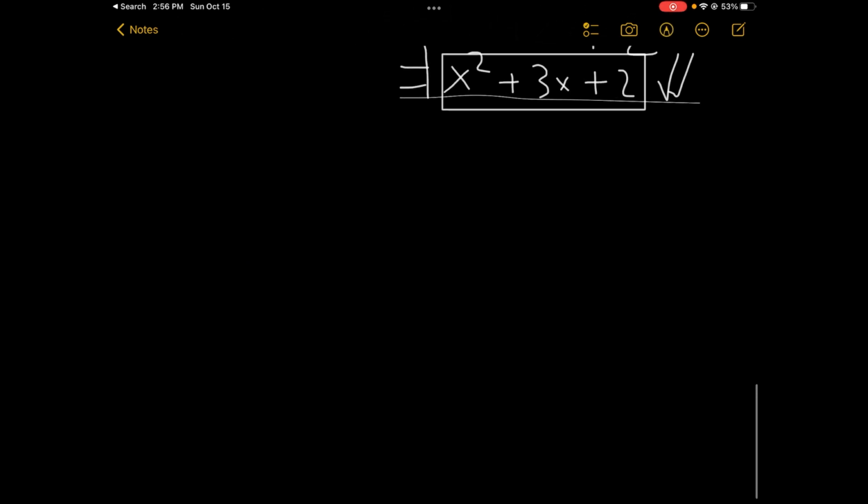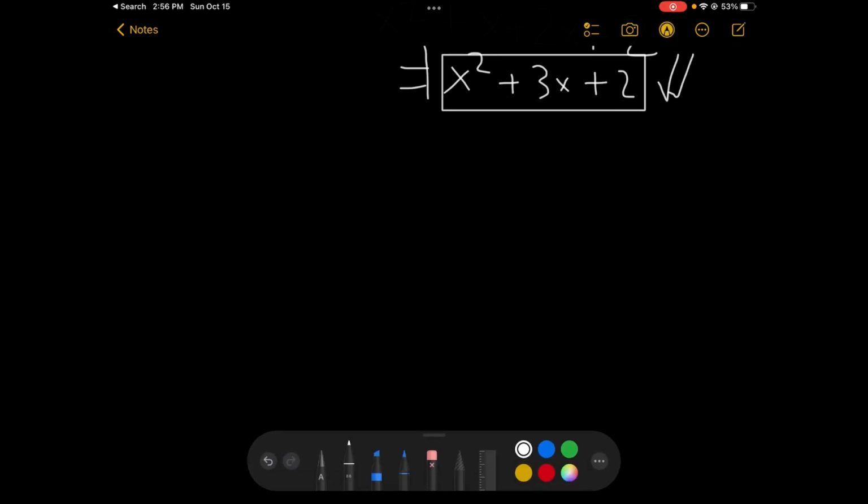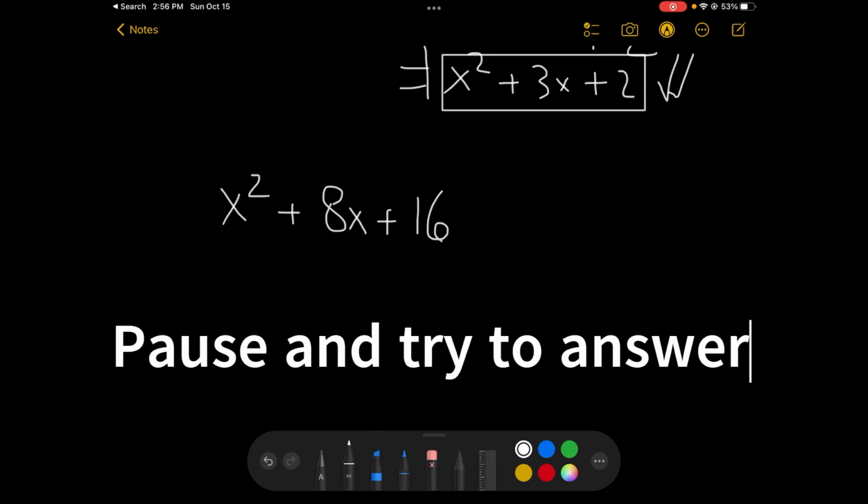Let's look at another example like this before we move on. So let's look at another quadratic. I'm going to say we have something like x squared plus 8x plus 16, right? And we want to factor it.